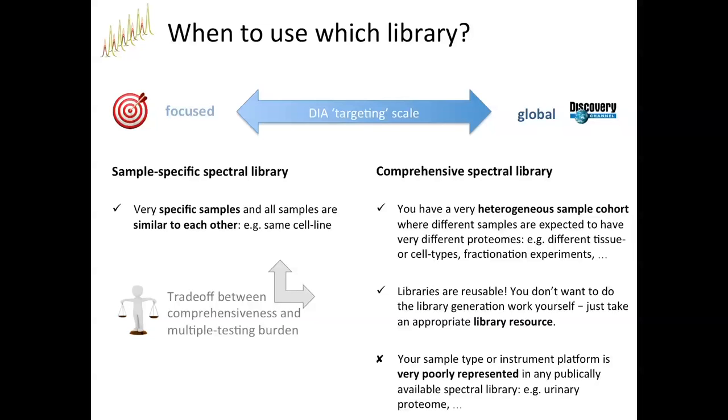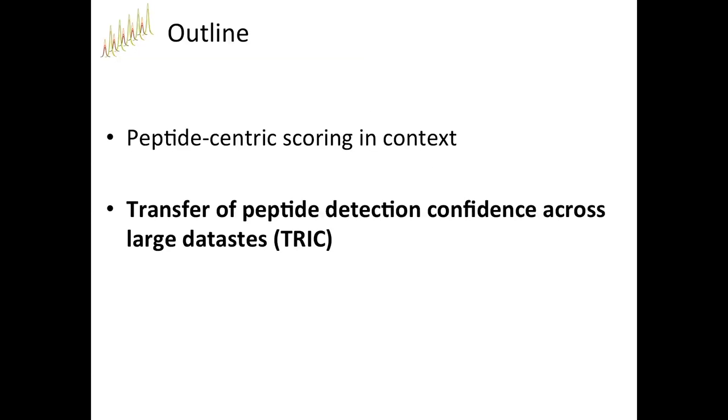So if you, for example, want to analyze the urinary proteome and use a spectral library repository that doesn't even contain any urinary samples, you will be very badly off. So there is definitely a trade-off between the comprehensiveness and the statistical burden, and I think it's important that you keep this in mind when choosing the way to analyze your data.